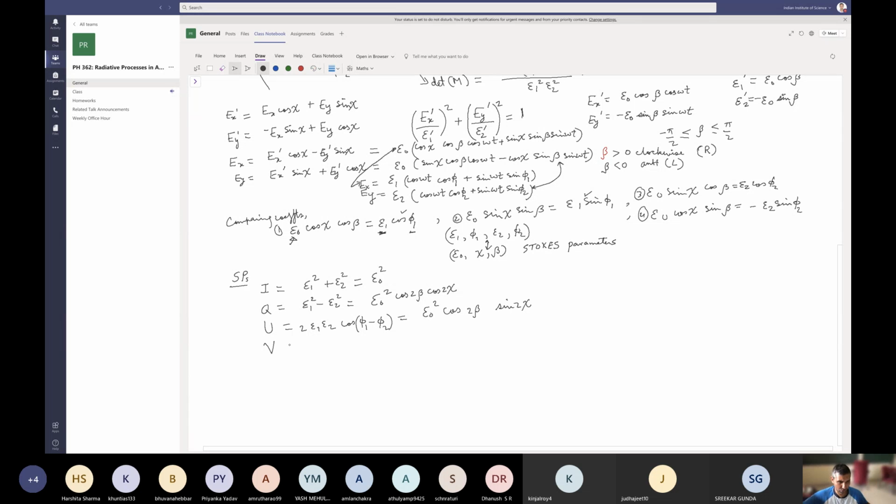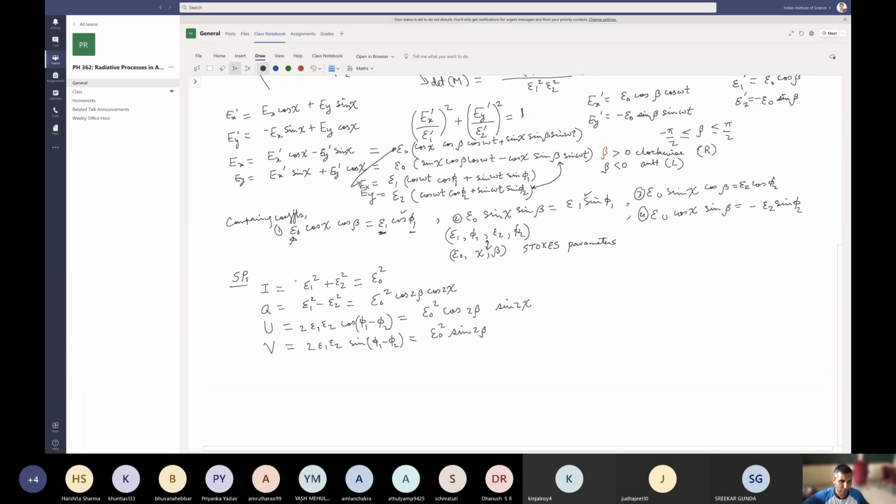And this is the fourth Stokes parameter, V, which is equal to twice epsilon 1 epsilon 2 sine of phi 1 minus phi 2. This is equal to epsilon naught squared sine 2 beta. In fact, you can derive it from these four equations.